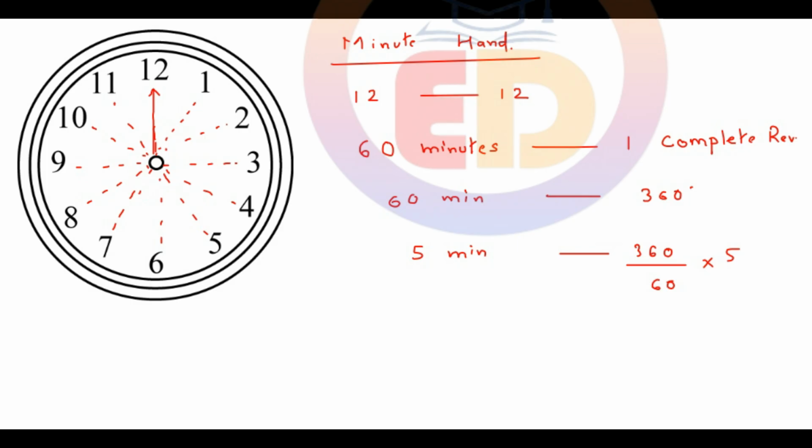Or we can also simplify by calculating the value of 1 minute first and then doing it by 5. But you can directly find out the value of 5 minutes using this. 60 and 360, this will give us 6, and 6 into 5, it is 30 degree. So we see that minute hand in 5 minutes it is covering 30 degree.